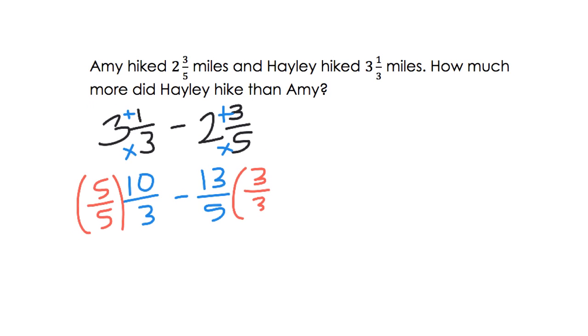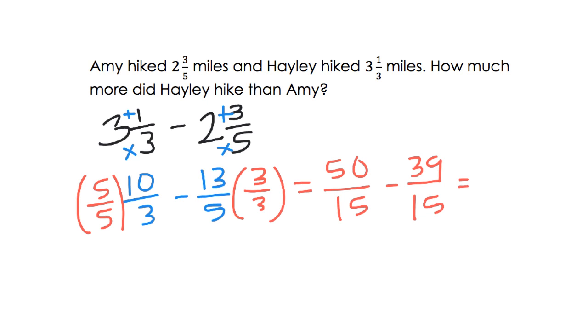Then I get 50 over 15 minus 13 times 3 is 39 over 15. I keep a 15 in my denominator. 50 minus 39 is 11. And that can't be simplified, so I just leave it as 11/15, but I need units on there. It's 11/15 of a mile.